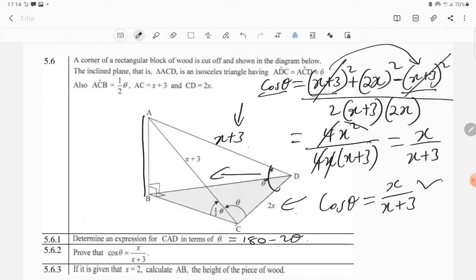This is this angle that we have here, and over there we have the hypotenuse. If x is equal to 2, the hypotenuse is just going to be 2 plus 3, which is 5. So we have 5 there.